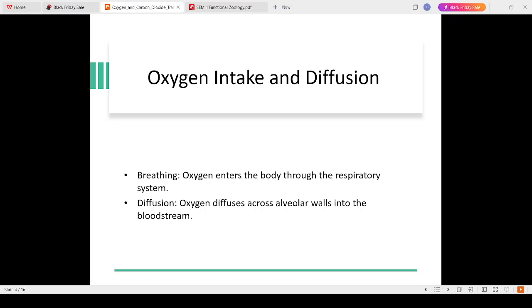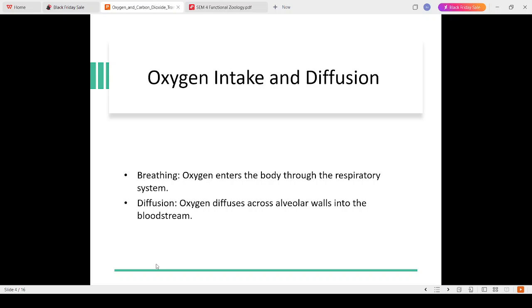Through that wall or cell membrane of the alveoli, the oxygen molecule will be diffusing into the blood present in the blood vessel or capillary. This is the normal mechanism by which oxygen is diffusing from the lungs into the bloodstream.